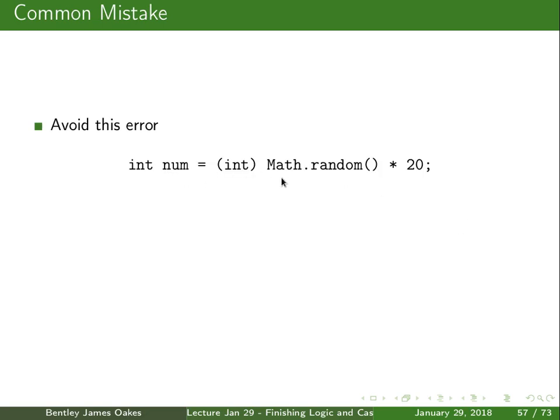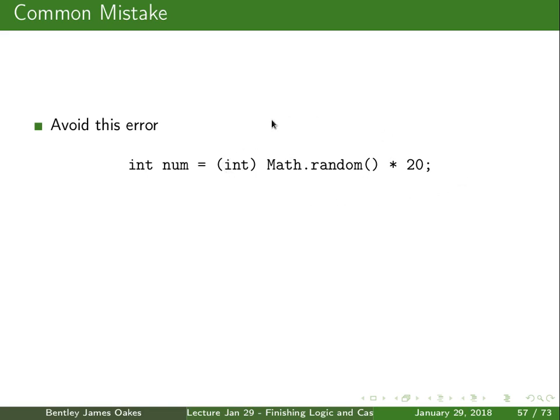So if you're casting, and just as a little motivation for why I'm talking about this now, there's a possibility that on your second assignment there may be something where you have to get a random number from 1 to 6 as an integer. So this is why I'm showing it to you now.